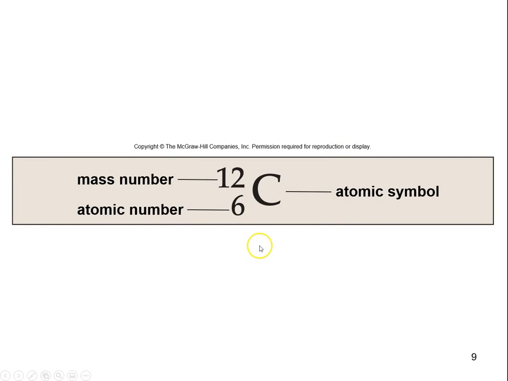So by looking at this, if I asked you what is the number of neutrons, we should be able to figure that out, right? This is the number of protons plus neutrons. This is the number of protons. So 12 minus 6 will give you the number of neutrons. In this case, it happens to be the same as protons, okay? You'll see that start to change when we talk about isotopes and things like that. So anyway, mass number, atomic number.